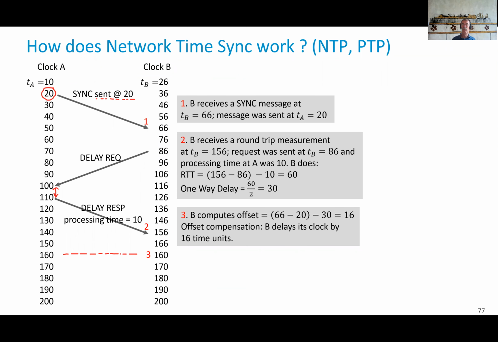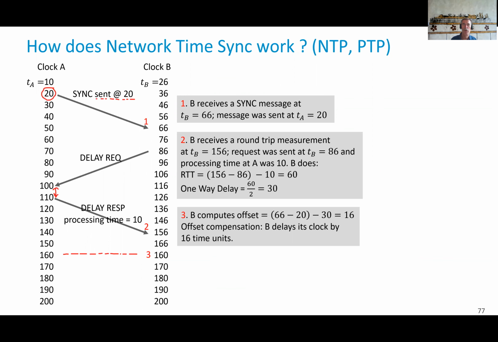When you do this over a network with protocols like NTP, Network Time Protocol, or PTP, Precision Time Protocol, you almost do the following things. You have a clock A and a clock B, and here I'm showing the 2 clocks at the same time. Of course, this is a view of the mind. Nobody can see the 2 clocks at exactly the same time, except if they are in the same location.